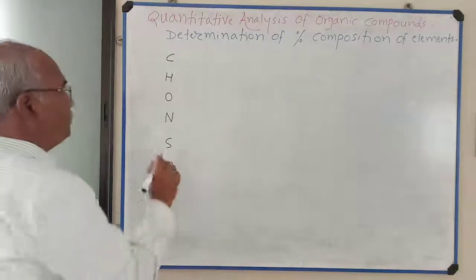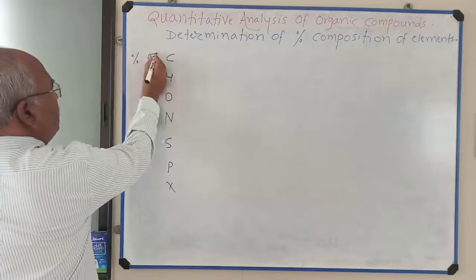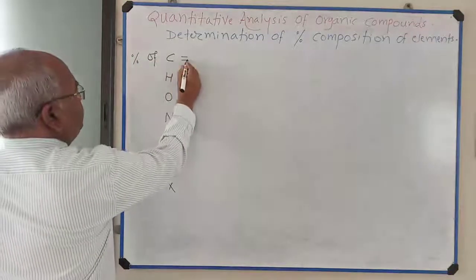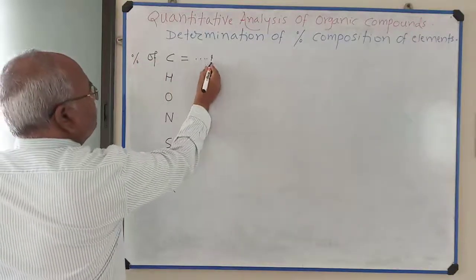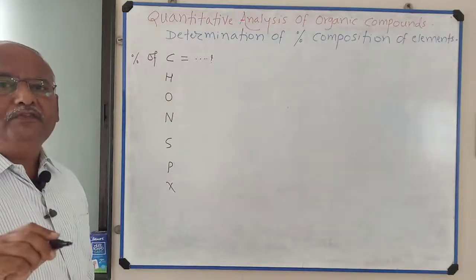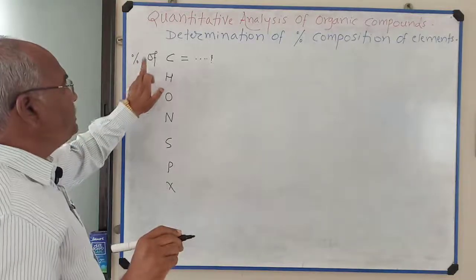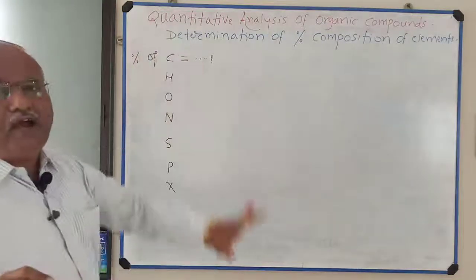We have to find out percentage of carbon in organic compound. Organic compound मध्ये कार्बनचं परसेंटेज किती आहे ते डिटरमाइन करणे म्हणजे क्वांटिटेटिव्ह ॲनालिसिस.